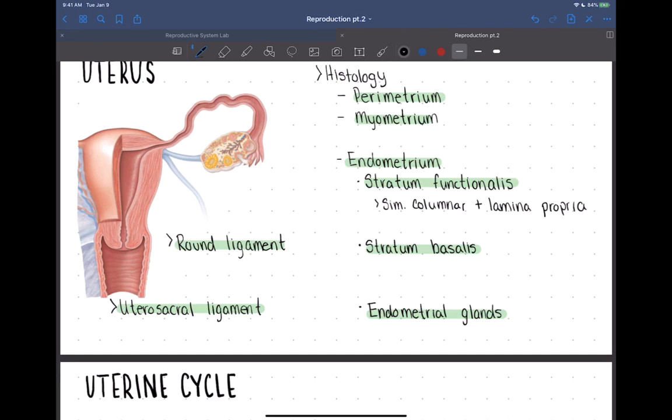The round ligament is going to connect the uterus to the anterior abdominal wall. Okay, and it's responsible for holding the uterus in an antiflexed position.